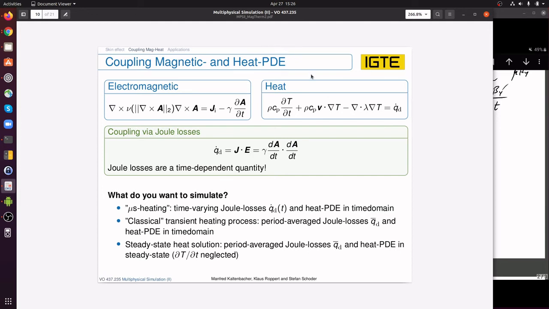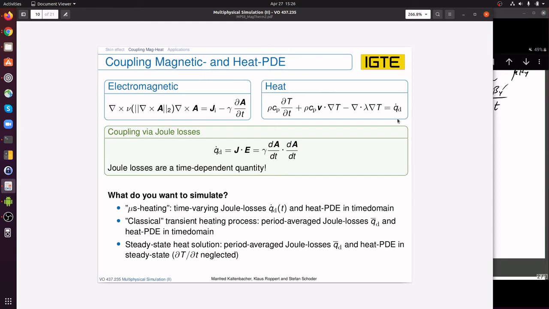So we can also include some moving objects to be heated in our formulation. Okay, and this Q_D is the heat source density.